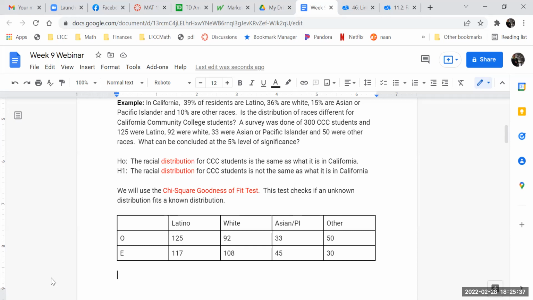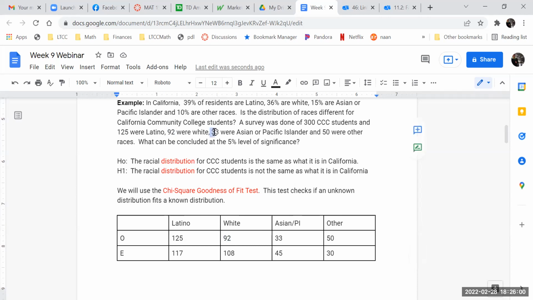Then we go and see what are the observed. The observed are usually just given. In this case, we're told that 125 students were Latinos, so I put in 125 under the observed Latinos. I know that 92 were white, so 92 for white.